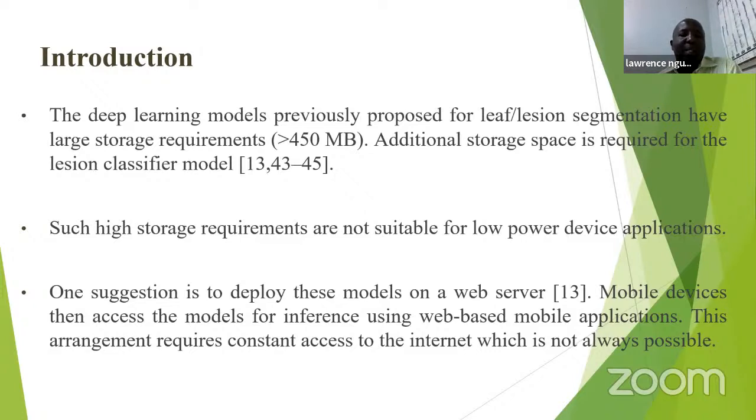This is not suitable for applications in low power devices such as mobile phones or embedded circuits. So there's a need to downsize this model so that it can better fit into this application.